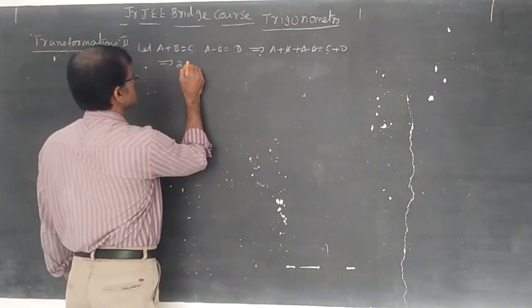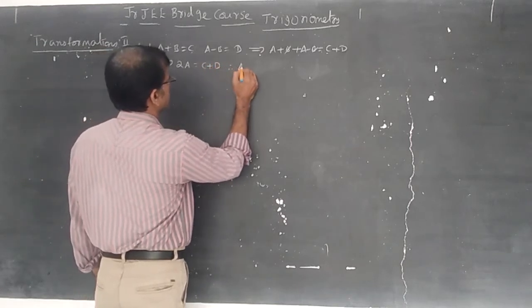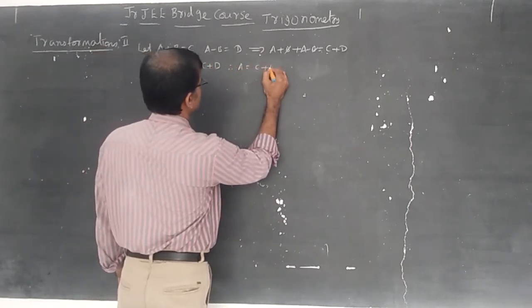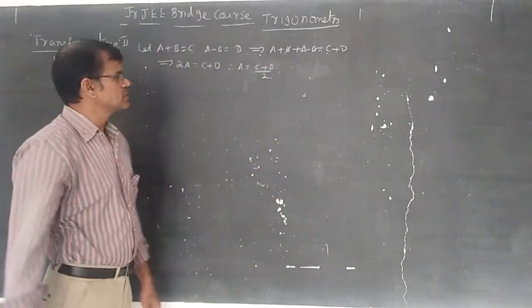That implies 2A is equal to C plus D. Therefore, A is equal to C plus D by 2.